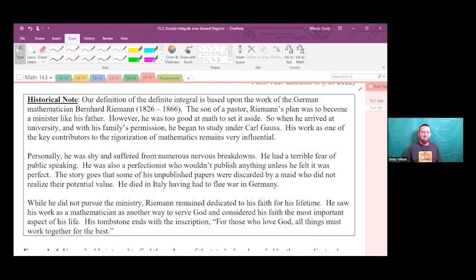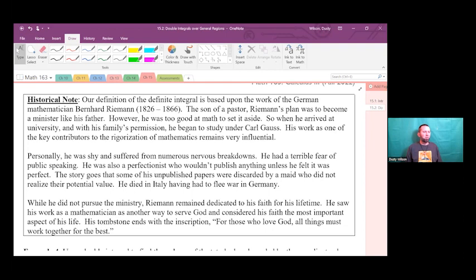He died in Italy, having had to flee war in Germany. One thing I appreciate about the story is he was an interesting character, and he reminds us that we don't have to all fit the same box if we want to be successful as mathematicians or as engineers or computer scientists.